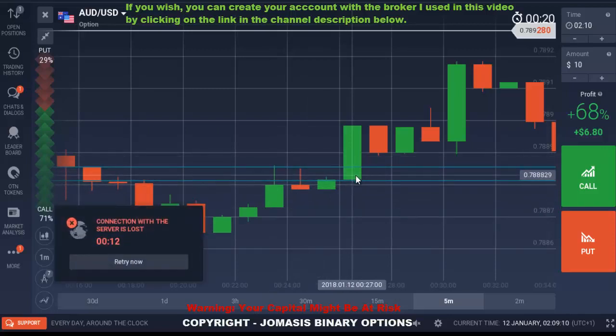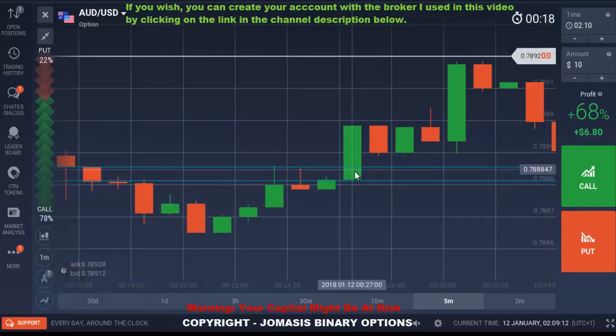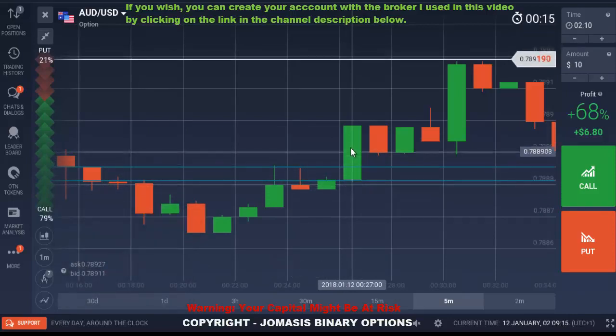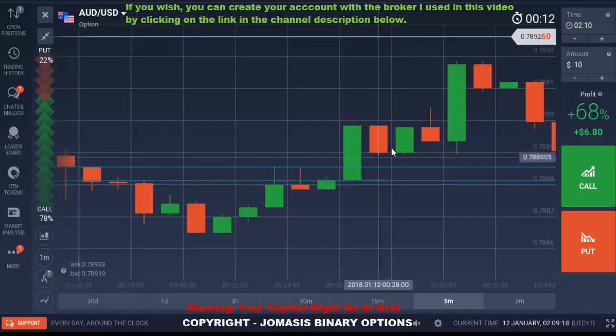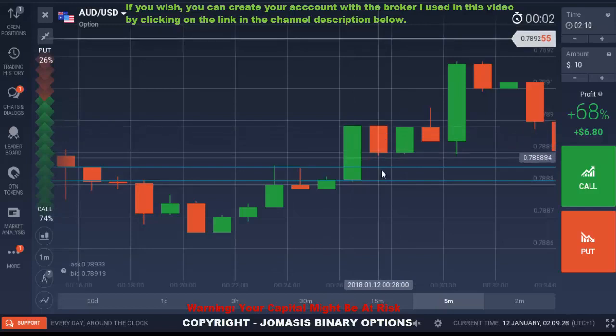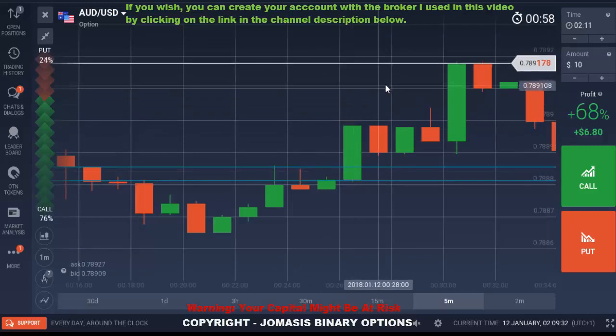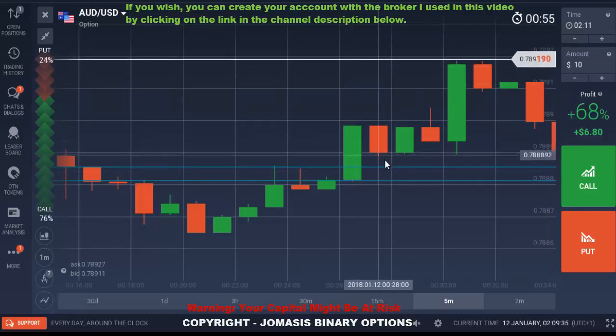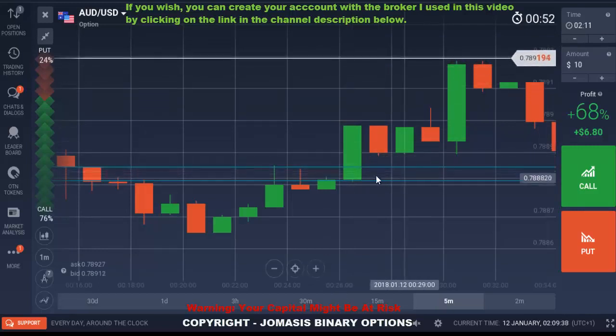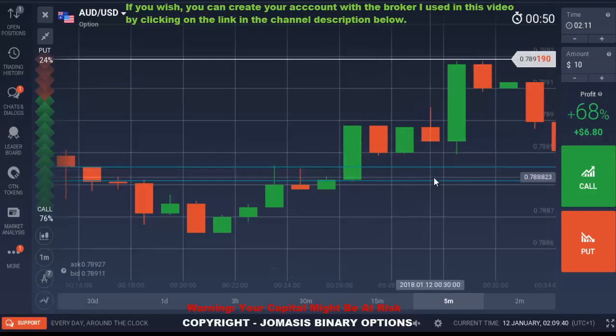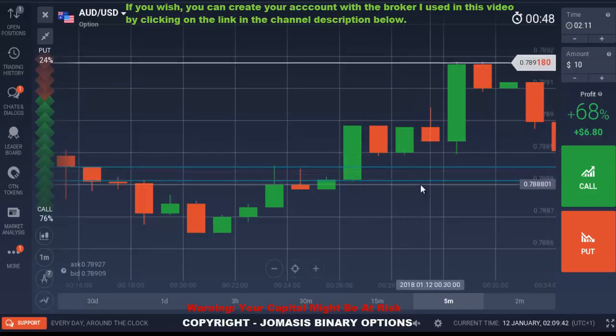Now this market broke this resistance level. When the market broke through here, this area is now support for the current market action. So when the market is here, this area is now a support, which means when the market is coming down towards this area, it will act as support.